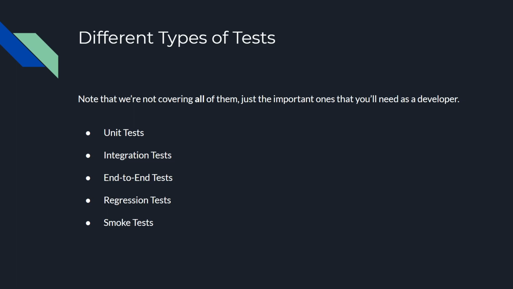The reason that we make this distinction between the two is that preparing an outside system for a test takes time and effort. Whereas in a unit test, if you can just say, hey, instead of connecting to the outside system, just use this fake data, that's way faster. So that's kind of the key difference between these two.